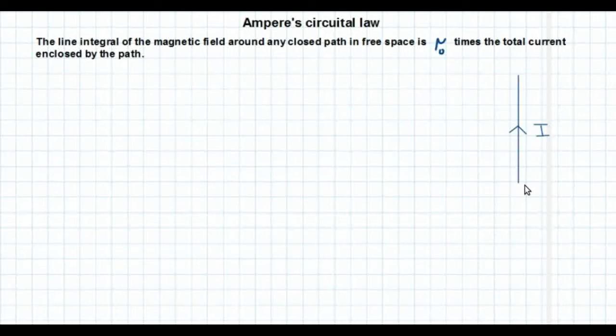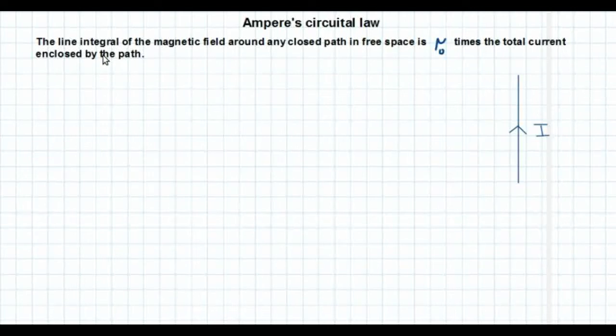Very similar to Gauss theorem, in the case of Ampere's circuital law, we need to imagine a closed path. In the case of Gauss theorem, we need to imagine a Gaussian surface, which is nothing but a closed surface. Similarly here there is a closed path.